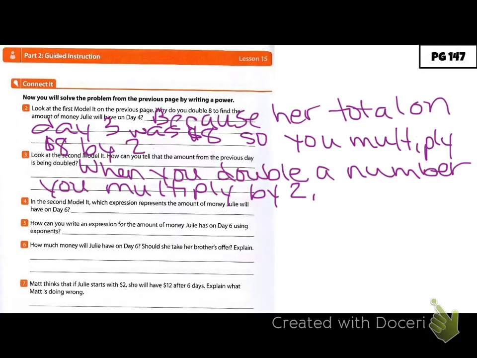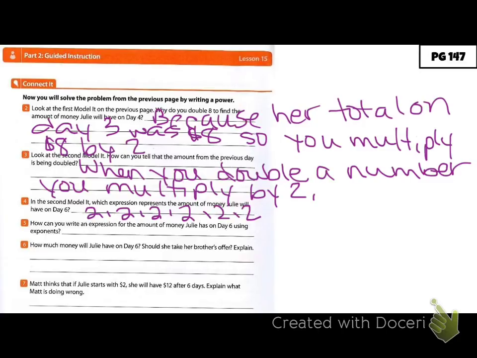Number 4, in the second model, which expression represents the amount of money Julie will have on day 6? Well, if we're continuing our pattern, it would be 2 times 2 times 2 times 2 times 2 times 2. So we'd have 6 2s.